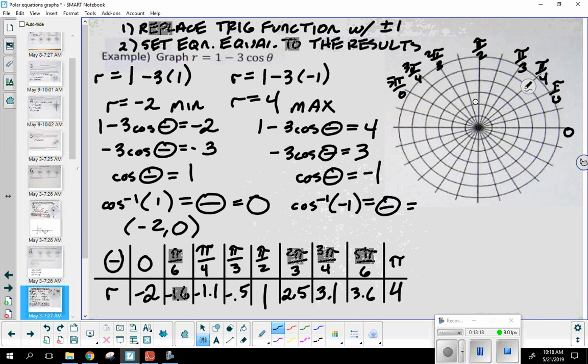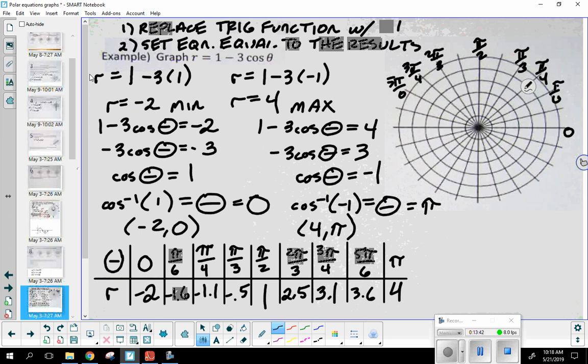Well, where in the upper half of the unit circle do I have an x value that's negative 1? Pi. There you go. Okay. So now my ordered pair, when the radius is 4, occurs at pi radians. Or if you want to say 4, 180, perfectly fine. Okay, completely up to you.